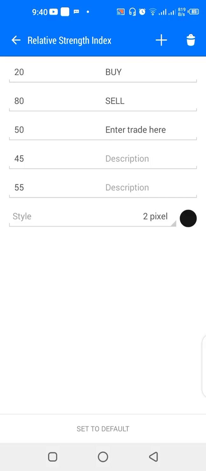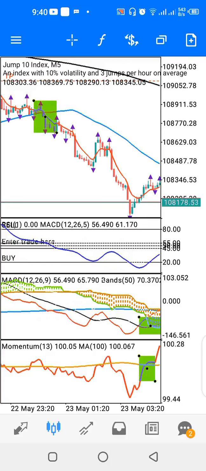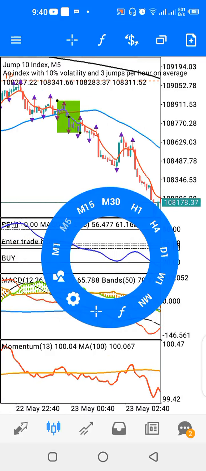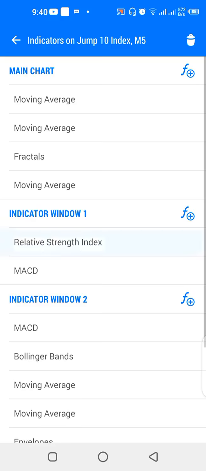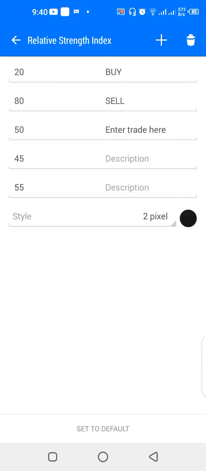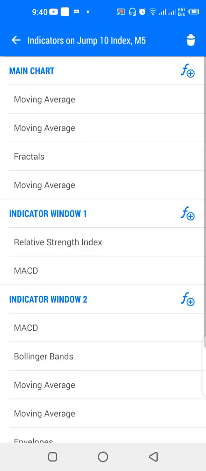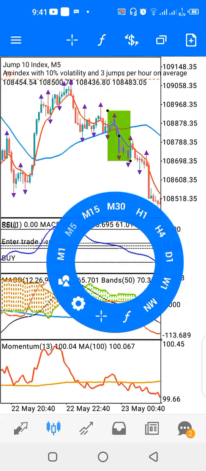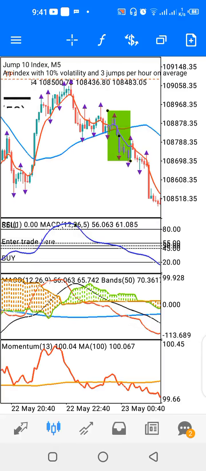And we have 45 and 55. Now, if we go to the chart, if we go back to the settings, 20 for buy. So when it dips below and pops up, buy. Okay, 80 for sell. When it goes above and then dips below the 80, sell.